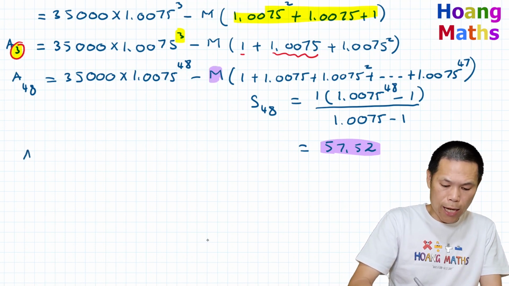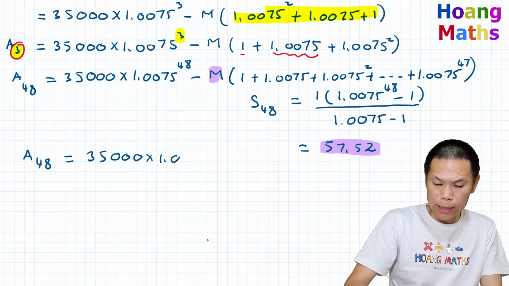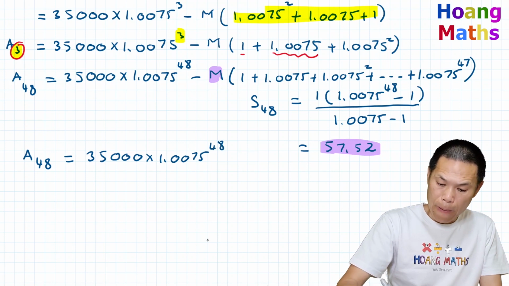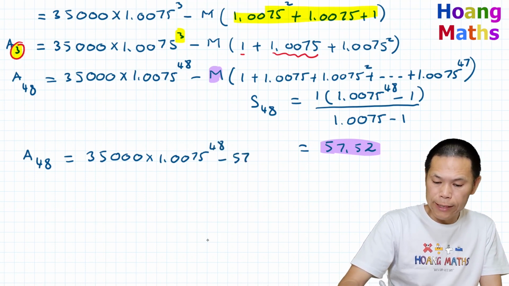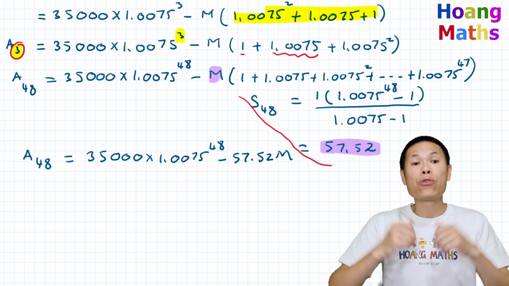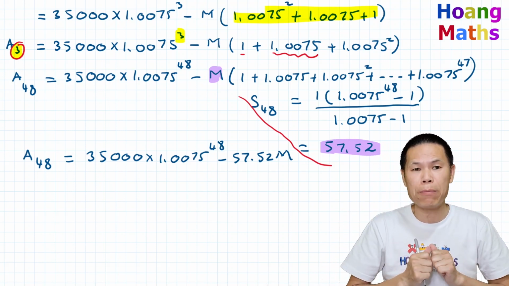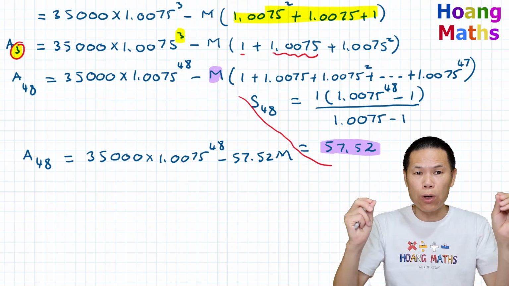Therefore A48 is equal to 35,000 times 1.0075 power 48 minus 57.52 M. And we know that A48 is 0 because after 48 payments, Tarun will pay off the loan.